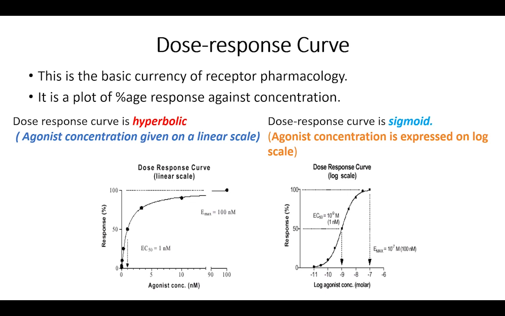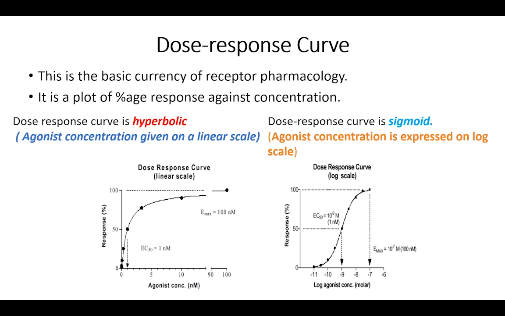So the dose-response relationship has what we can call the son or the daughter, and this is the dose-response curve. The dose-response curve is a plot of the percentage of the response against the concentration of the drug, and it is the basic currency of receptor pharmacology.